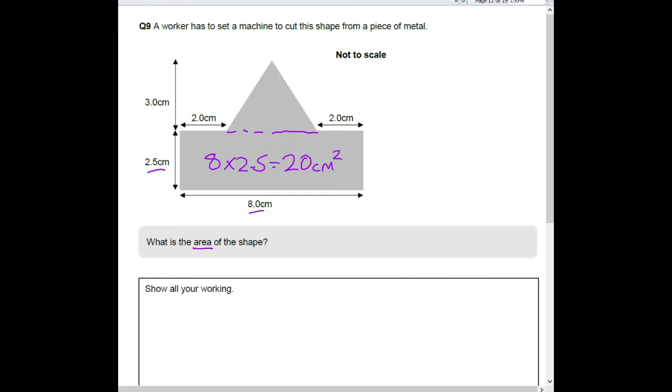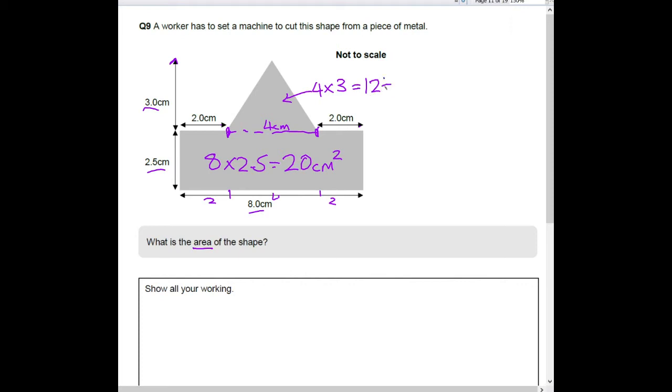Now the area of our triangle is the base, which goes from here to here. So if it's 2 centimeters to here and 2 centimeters to there, then that leaves 4 centimeters as our base. The height we've been given here as 3 centimeters. So the area of our triangle is 4 times 3, which is 12.